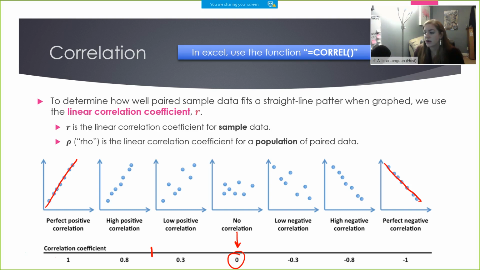Inside those parentheses, you select your first set of data, then put a comma, select your second set of data, and it will calculate the R value for you. You do not have to do it by hand because the formula to calculate R is horrendous. You don't want to know what the formula is because you will be sad. Just trust Excel. Excel's going to do it for you.